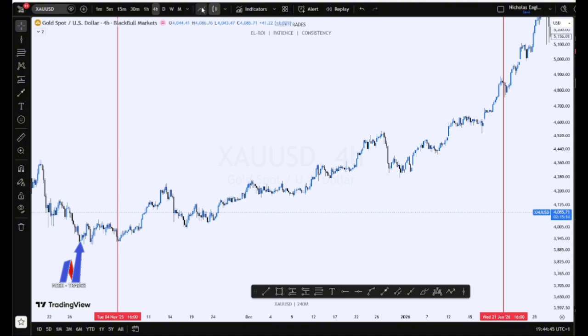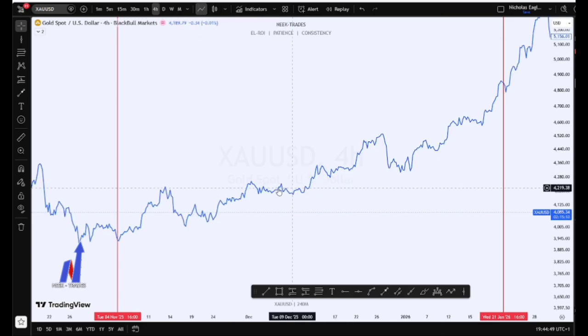Just click on it, you see it has changed to a line chart, and easily you can recognize if price is going up or going down. You can also draw out the market structure and the price pattern with the line chart.